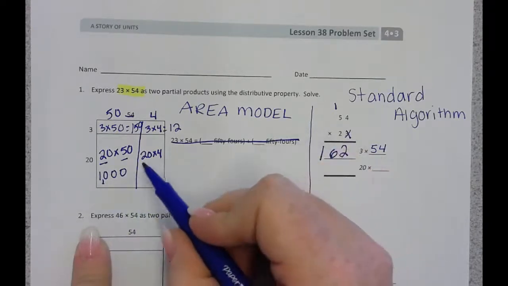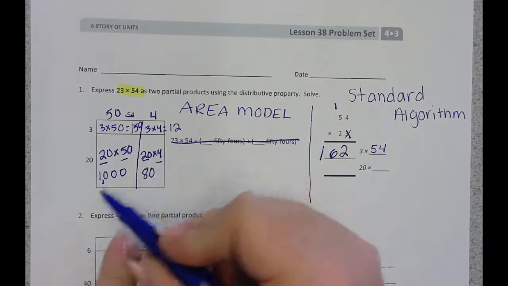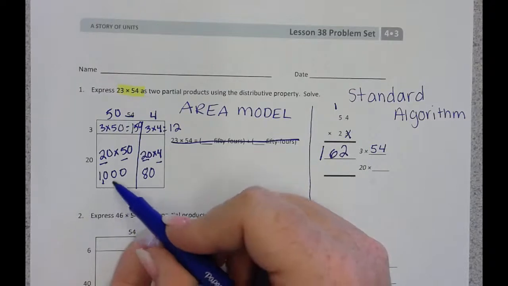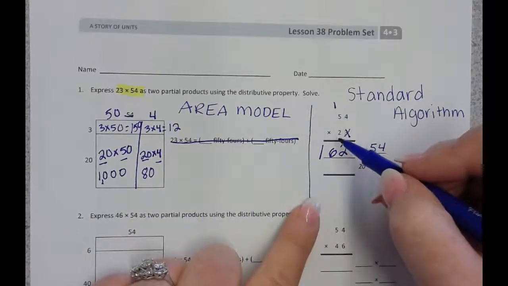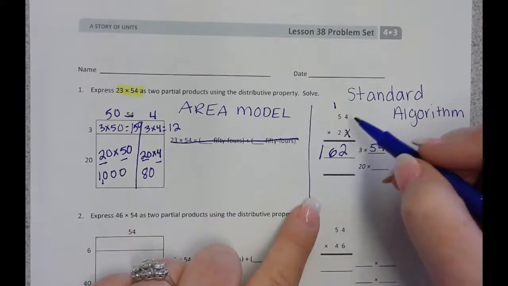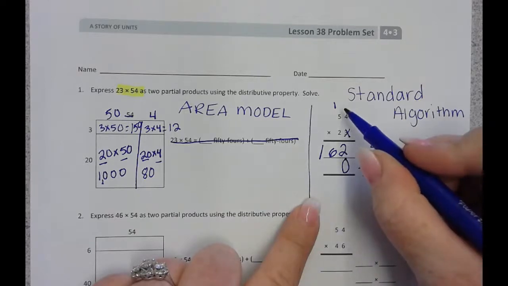So it's 1,000, and then 2 times 4 is 8, and a 0. So together that would be 1,000 plus 80, so 1,080. Let's check that. 20 times 4 is 80, so I would put a 0 and I would regroup.